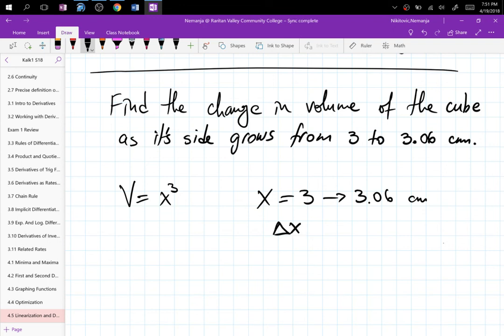That means that my delta x is 3.06 minus 3, which is 0.06. Remember, new minus old. The first stage of the cube, which is old, is 3, and then it grew to 3.06. So new, 3.06, minus old, 3, is 0.06.